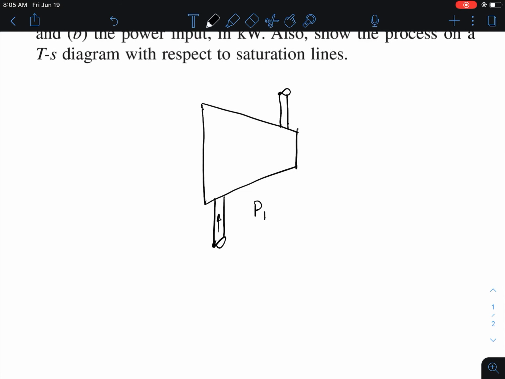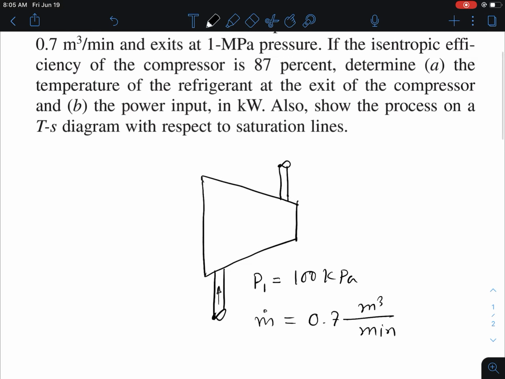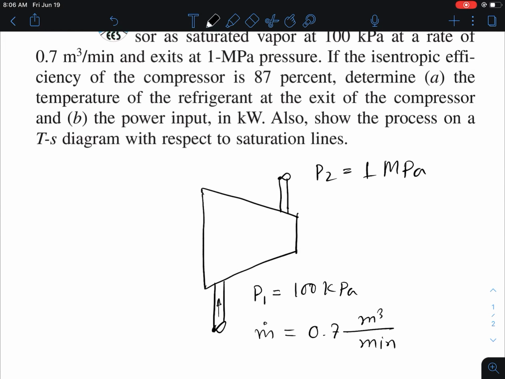So the pressure at entrance is 100 kilopascal and the flow at entrance equals 0.7 meter cube per minute, and then the pressure at exit, P2, equals 1 megapascal. That's what it's saying, that its exit is 1 megapascal.